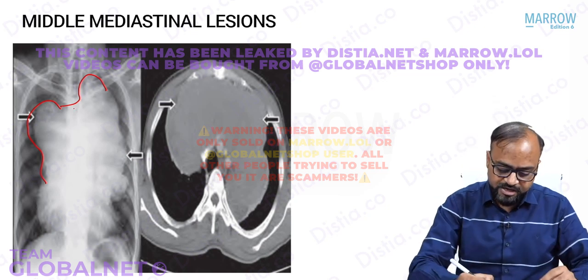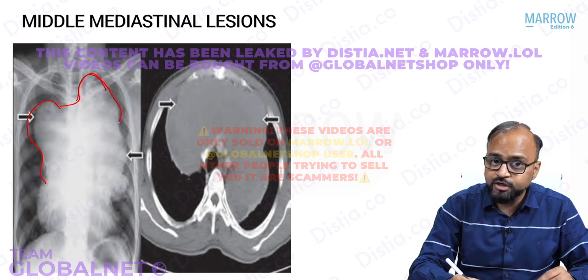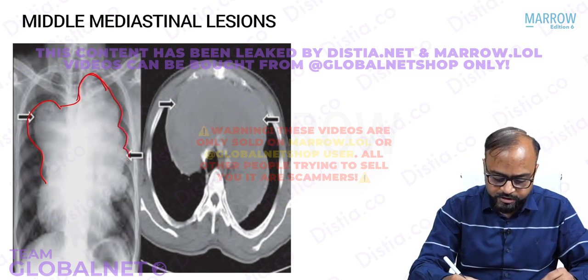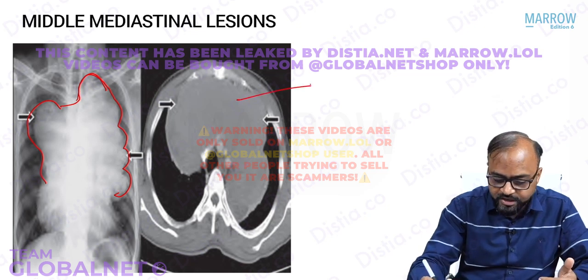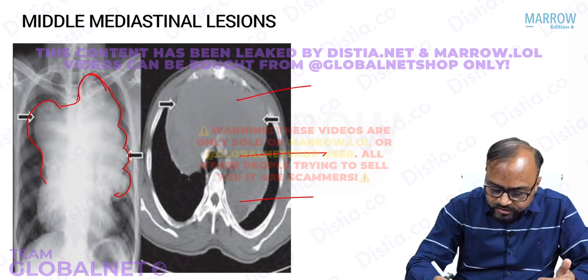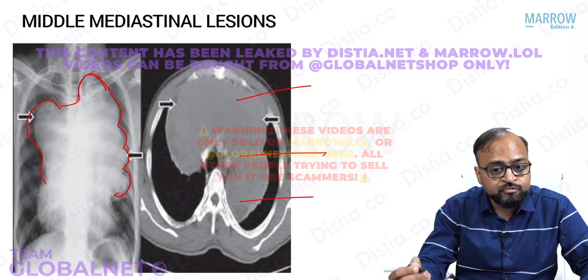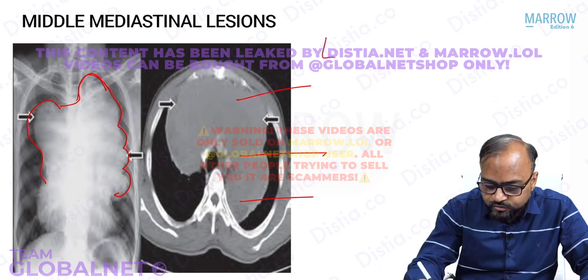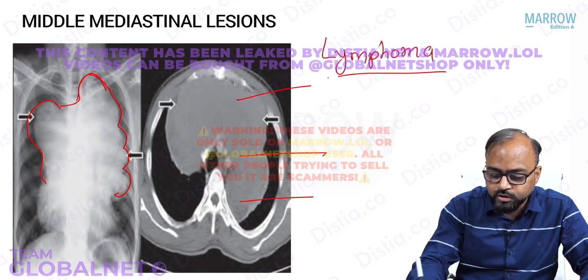Therefore, if a lesion, as you can see here, is extending above the clavicle, it means that there is extension into the posterior mediastinal compartment. It has a lobulated contour, it has a hilum overlay, so it is occupying the anterior, middle, as well as posterior mediastinum. Along with it, there is encasement of the mediastinal great vessels. Also, this is highly suggestive of lymphoma or a lymph nodal mass lesion.